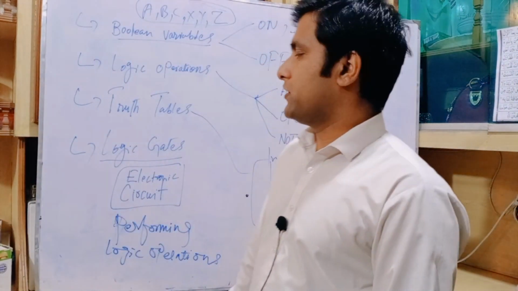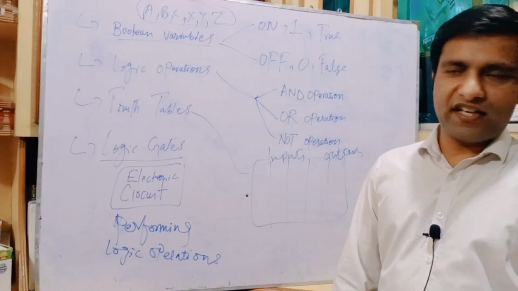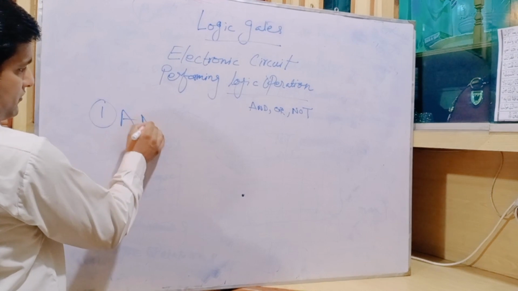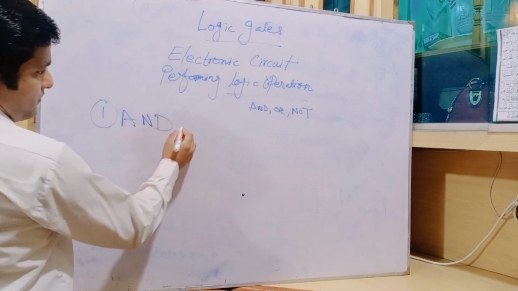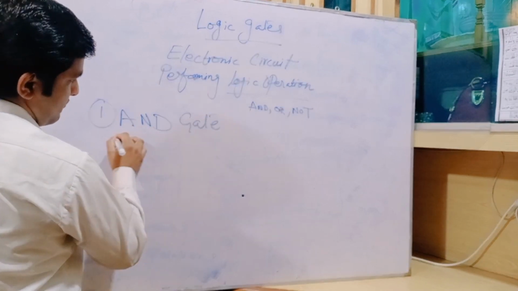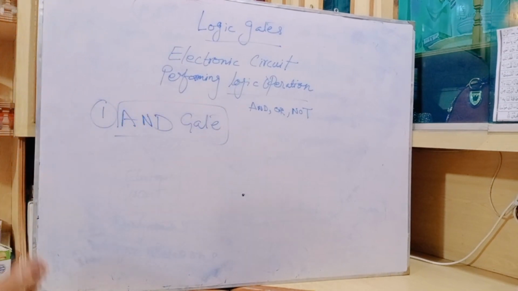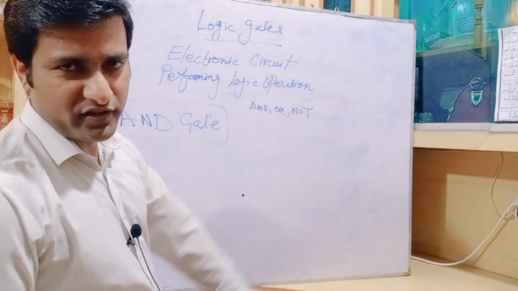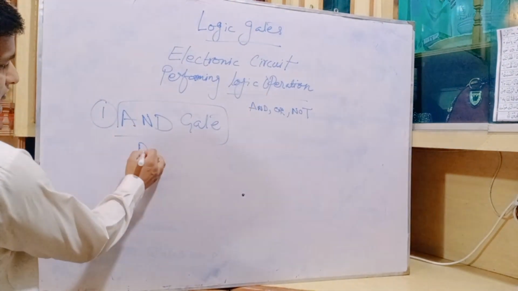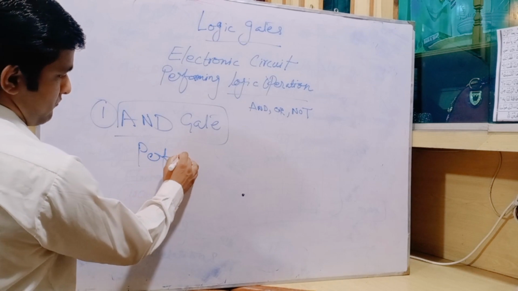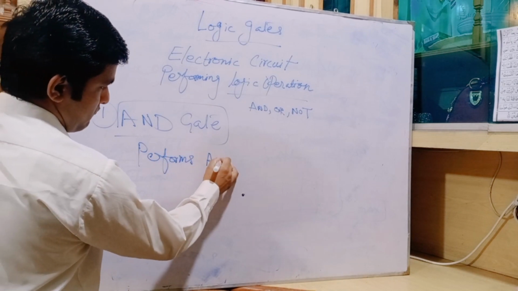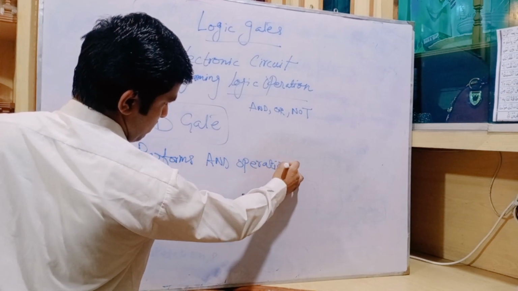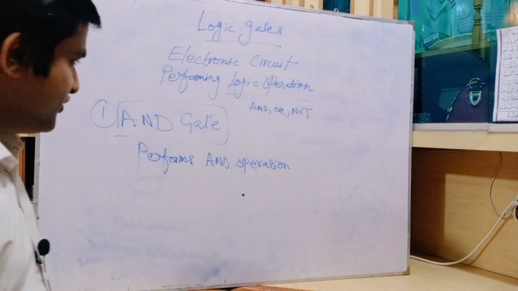So there are three basic logic gates. The first logic gate is AND. AND gate performs AND operation.